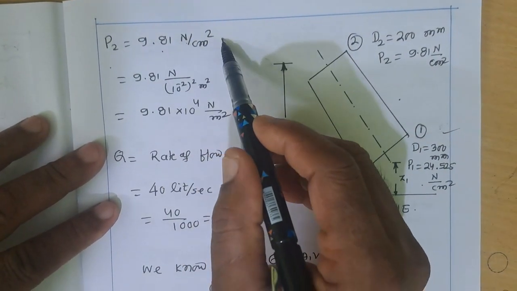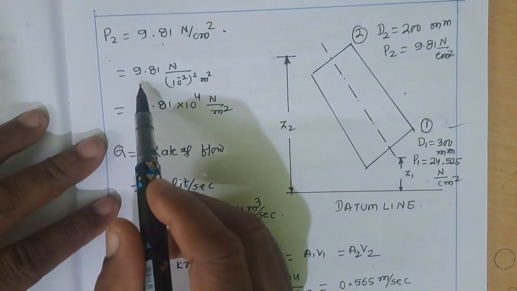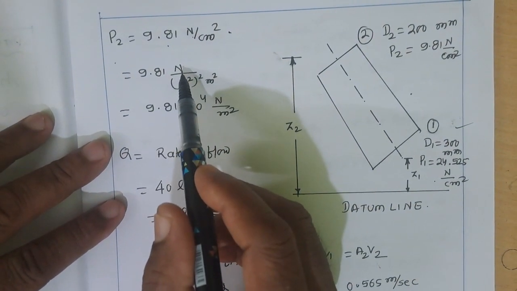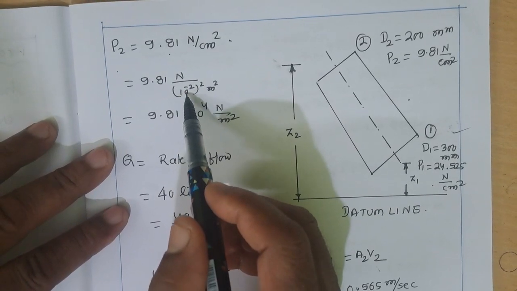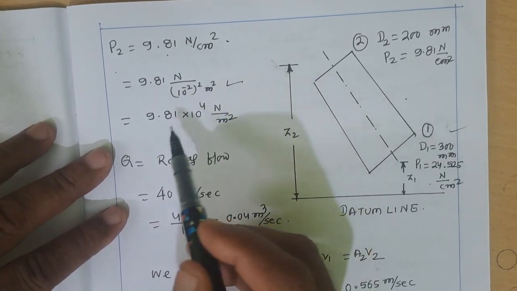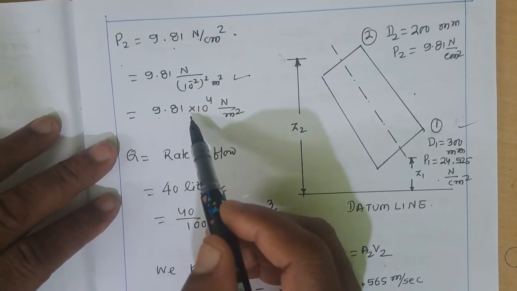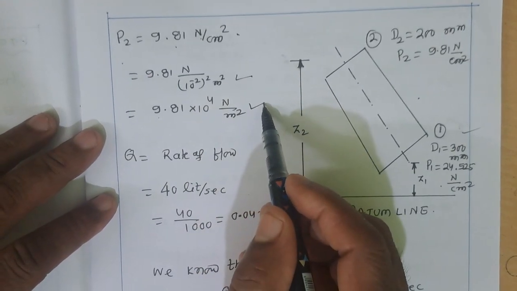Now P2, here P2 is equal to 9.81 Newton per cm square is equal to 9.81 into Newton per 10 to the minus 2 square meter square is equal to 9.81 into 10 to the 4 Newton per meter square.